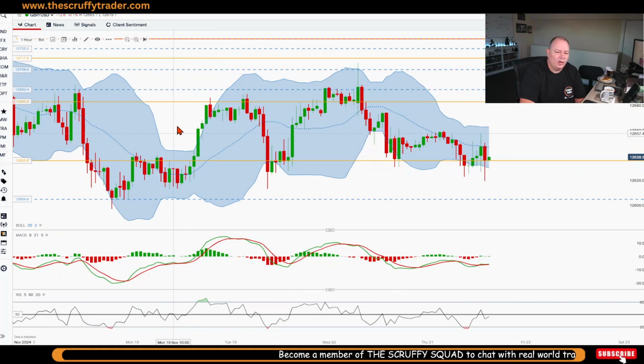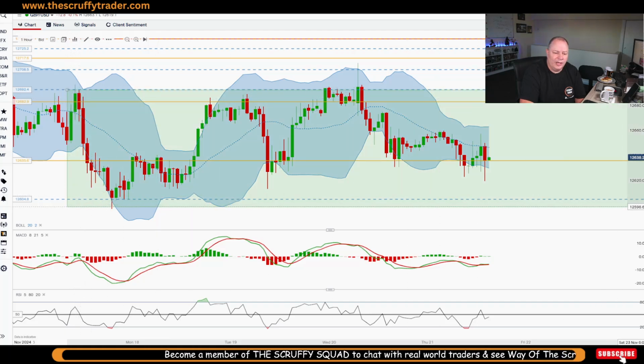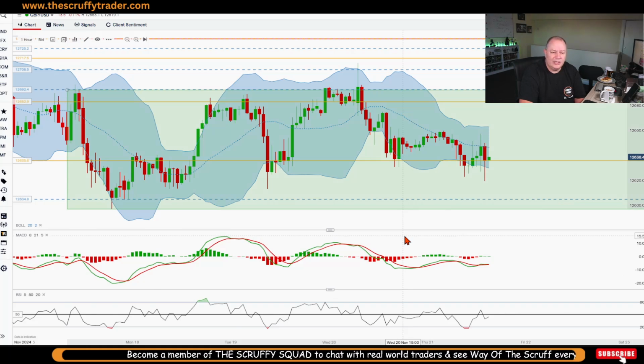So if I was to draw a rectangle and just draw it in, you can see there's the range. So what you would be doing at this point is looking to go to the top of the range and then look for the reversal.